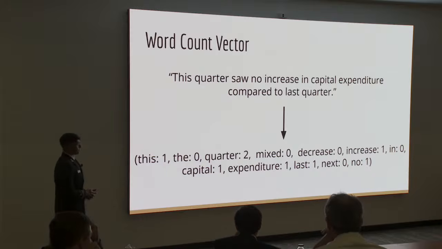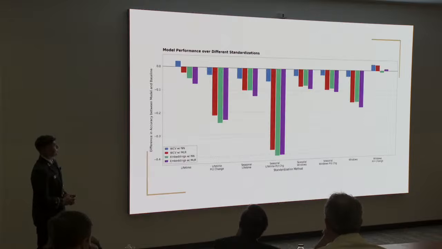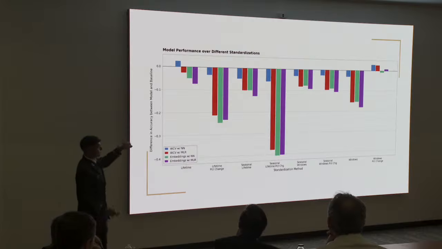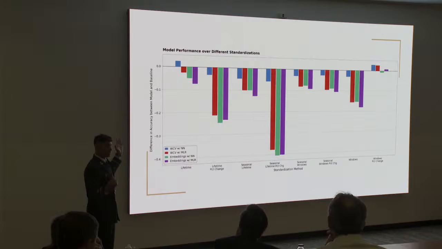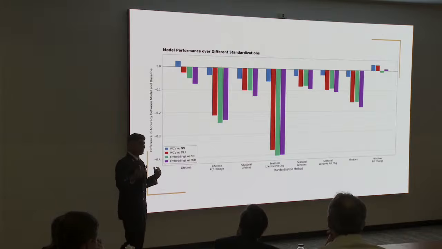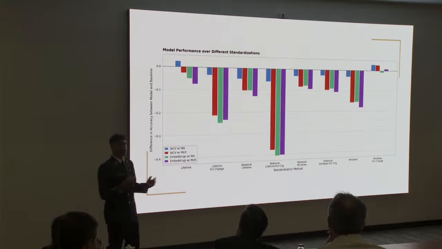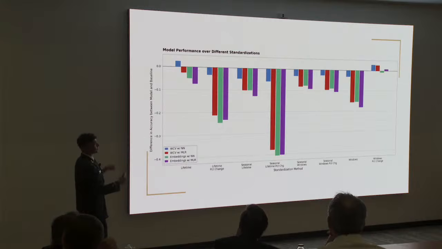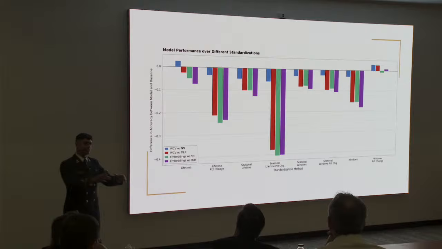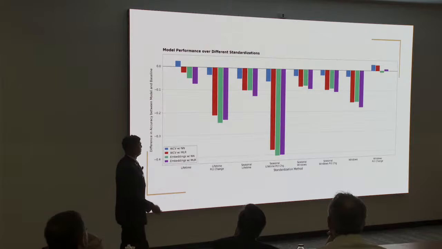When we used the word count vector, we saw those green and red lines were way better than the neural network or the embeddings, but they still aren't too good. This is just our grid search, where we're finding out what we're going to fine-tune and make way better.